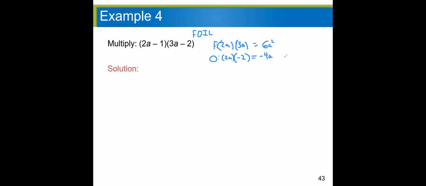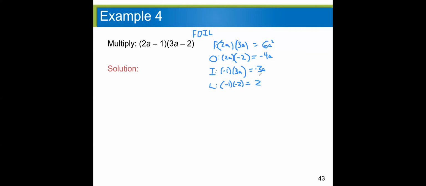So I'm happy. Inside, my inside terms are a negative 1. Again, important to keep the negative. And a 3a. Doing this, I get negative 3a. My last terms are negative 1 and negative 2. Results in a positive 2.